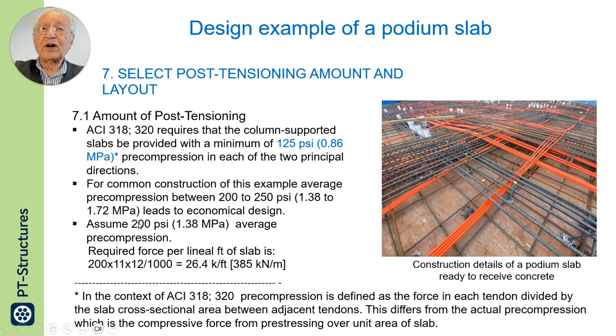When I assume 200, 200 multiplied by the slab thickness of 12 inches gives me this amount of force, 26.4 kips per foot.